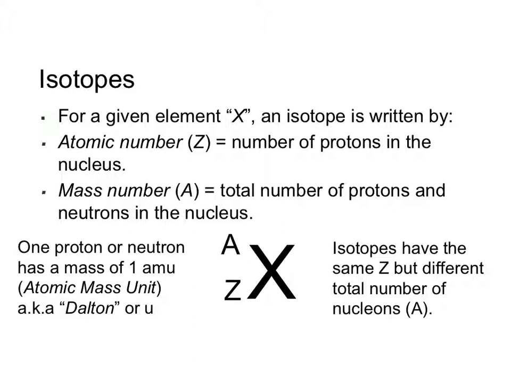As we saw before, we write different isotopes using this notation. X will stand for simply whatever the symbol for that element is. A will be the mass number for that particular isotope, the number of protons plus the number of neutrons, and Z is the atomic number for that element.